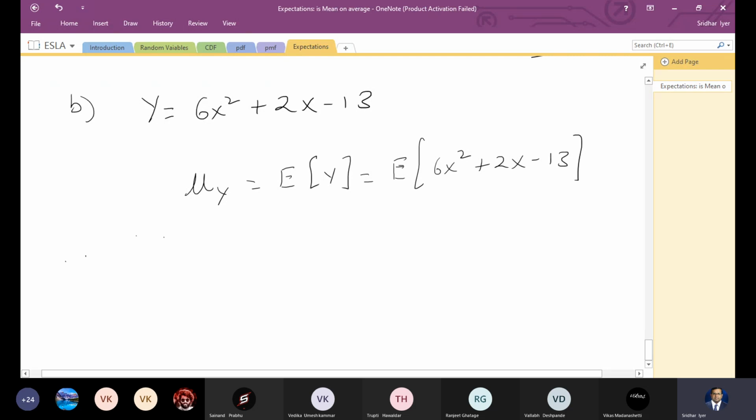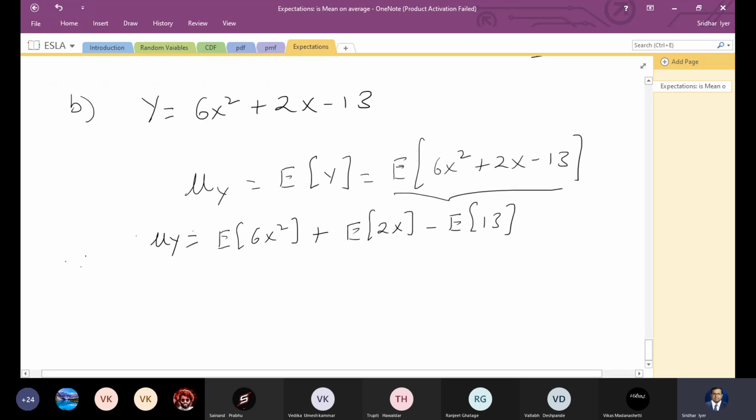Now expectation here is a linear operator. Therefore, I'm going to write this as E of 6x square plus E of 2x minus E of 13, right?